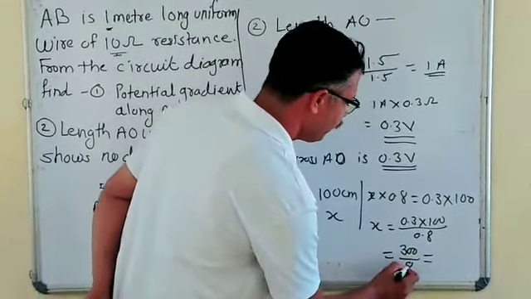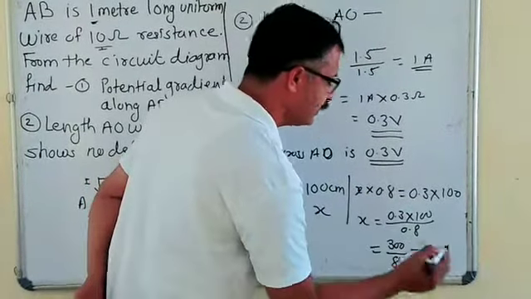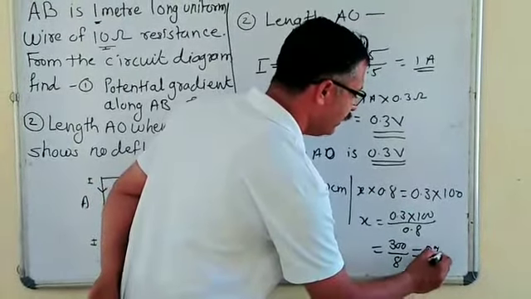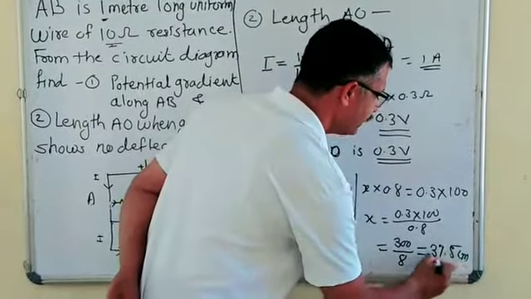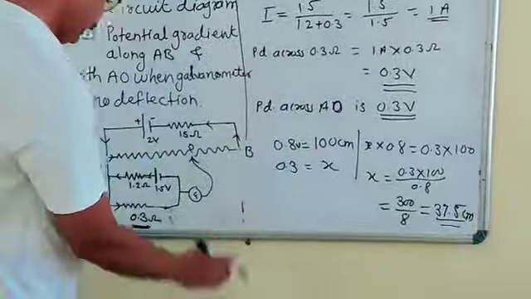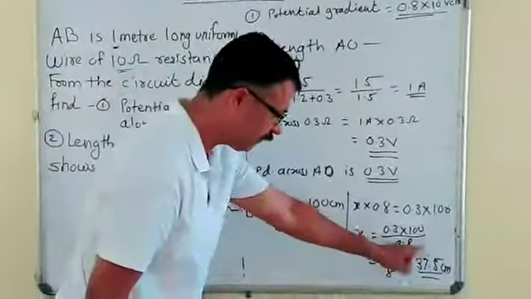It leads to 37.5. Hence it is clear that the length AO is 37.5 centimeter.